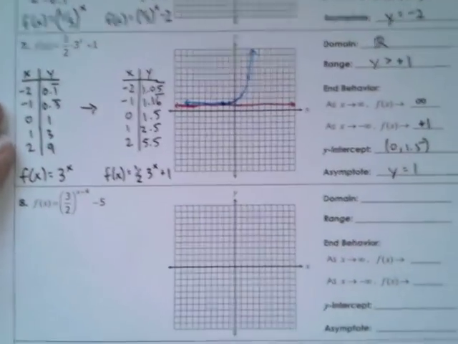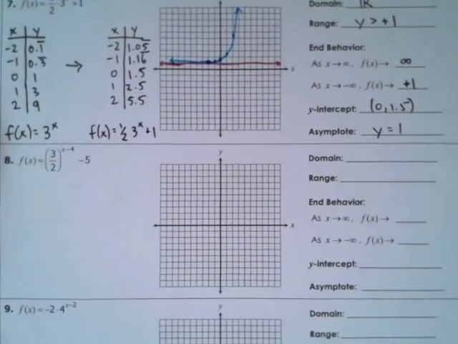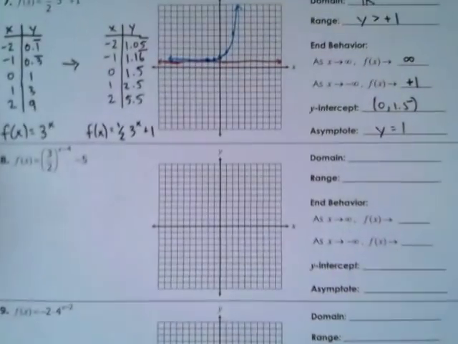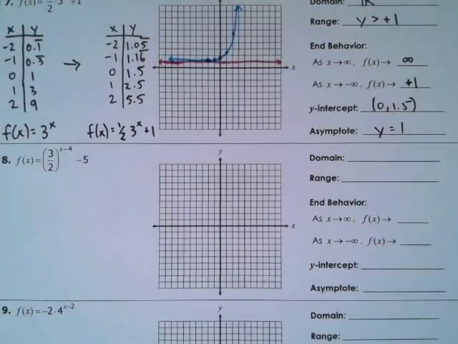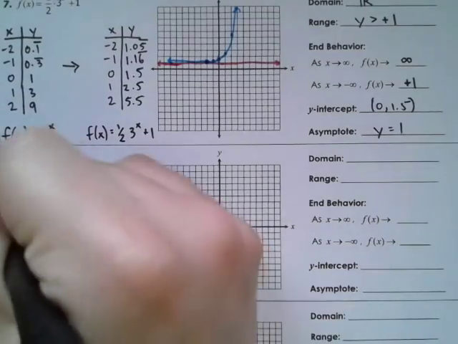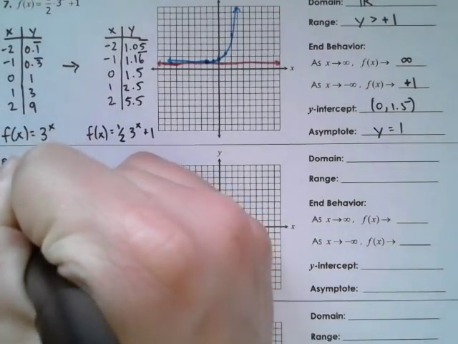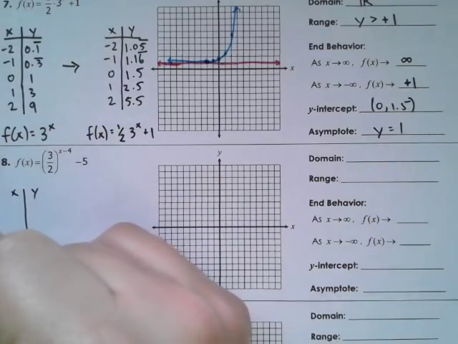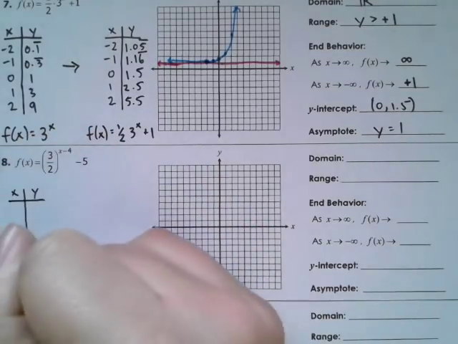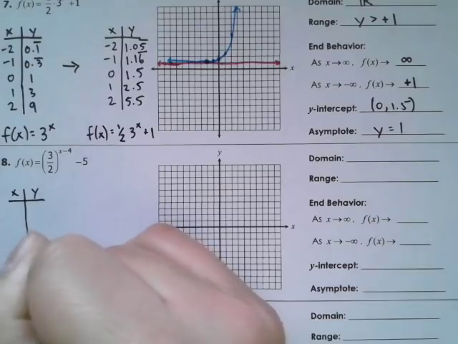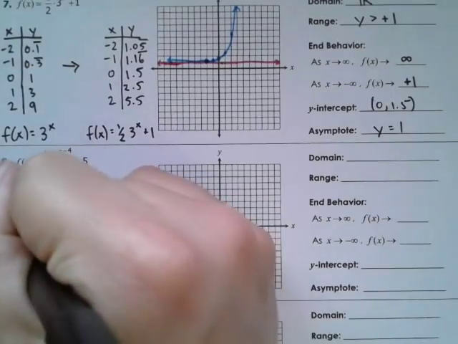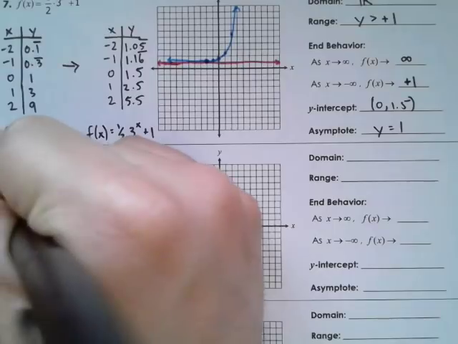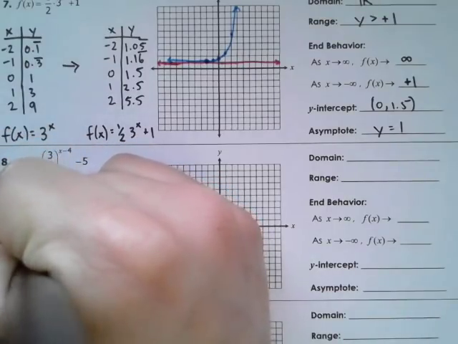Next example, number 8. I have f of x is equal to 3/2 to the x minus 4 minus 5. So my parent function here is f of x is 3 over 2 to the x, with x values negative 2, negative 1, 0, 1, and 2.